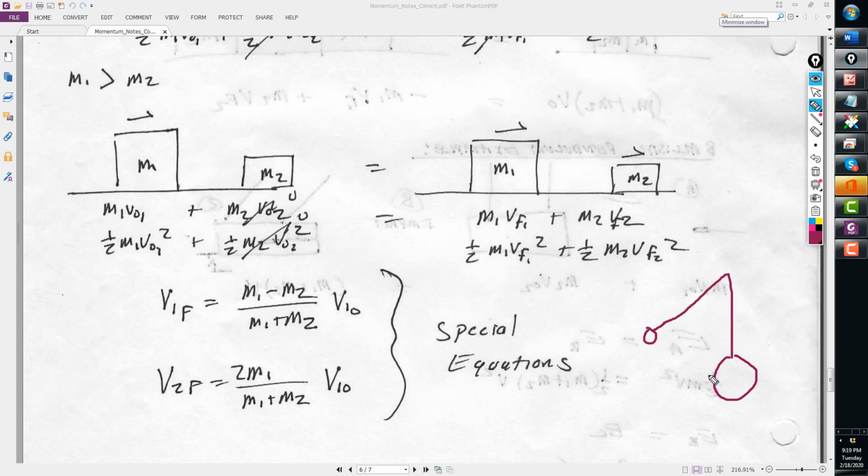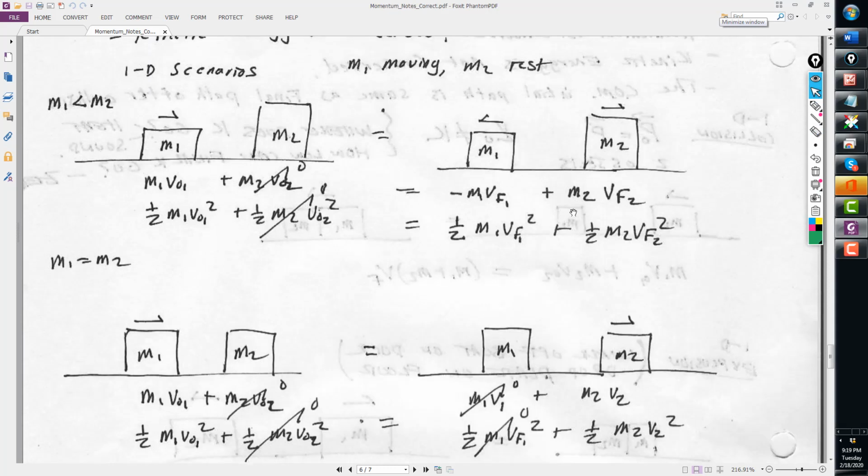So it comes and it hits it, and what happens is it mimics this one-dimensional situation. So when it comes down and actually hits, what's going to happen is it's going to mimic that situation where mass 1 is less than mass 2, so this one's going to rebound back and this one's going to go this way. So these come into play in other situations too. So qualitatively, again, you need to understand how these behave.